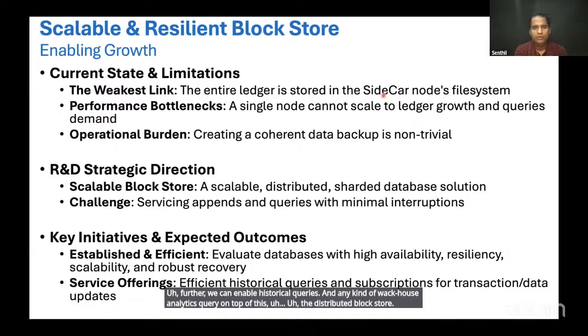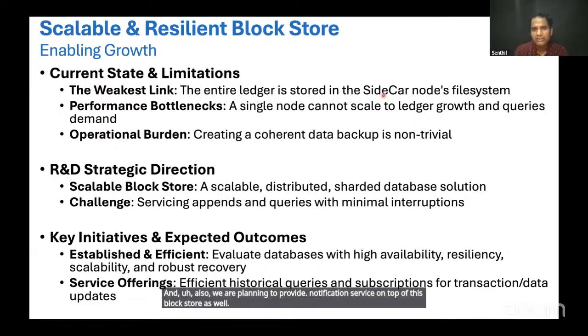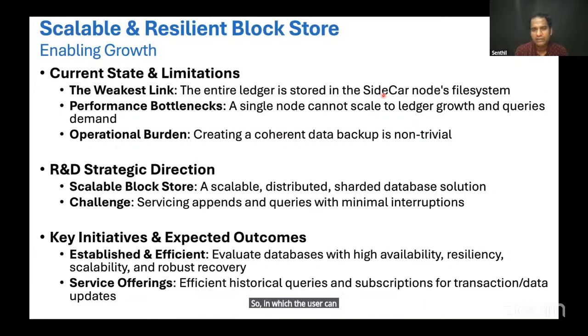And we are also planning to provide a notification service on top of this block store, in which the user can register, for example, when a particular key in a particular namespace is changed, then notify me. So all these features would be part of this scalable block store.